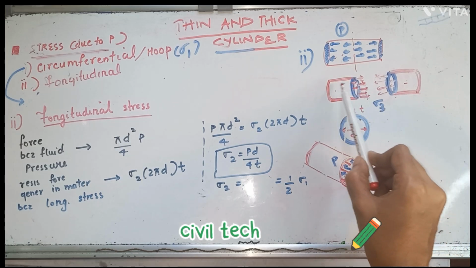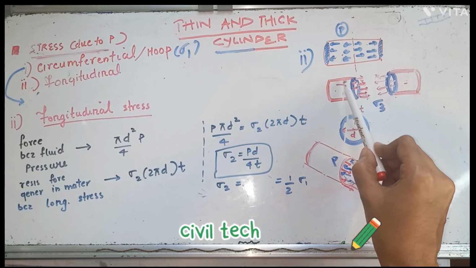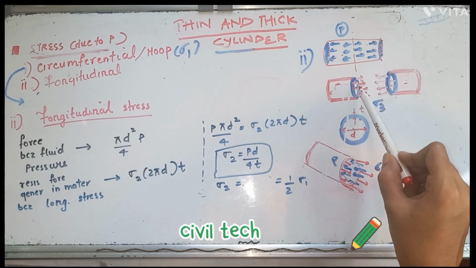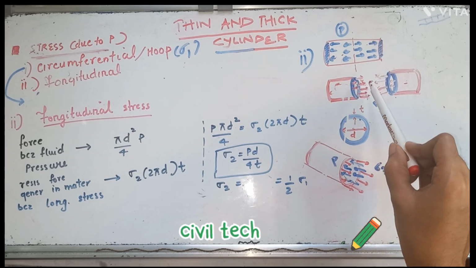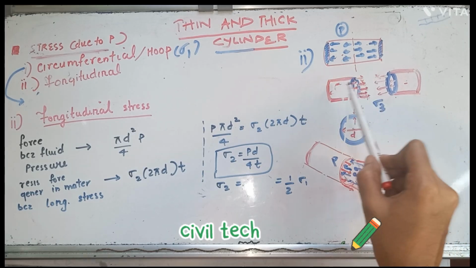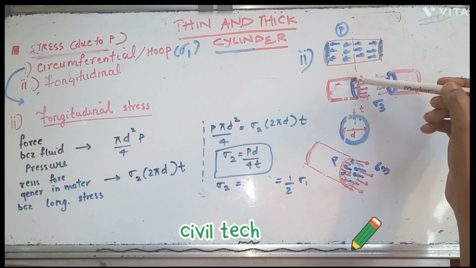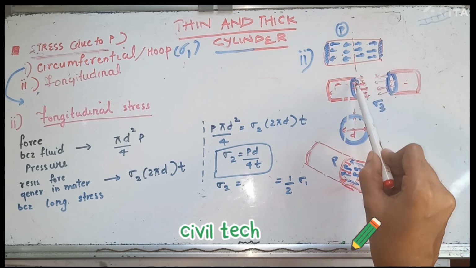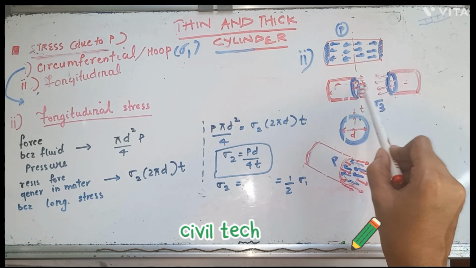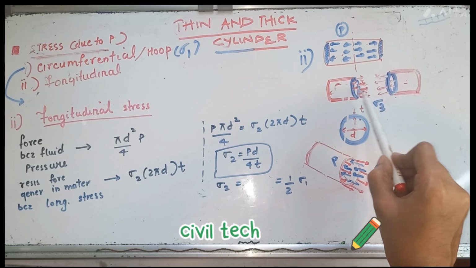As the fluid pressure is acting in this direction on this part, in order to resist this force, resistance will be generated in the material due to longitudinal stress, and it will be acting in the opposite direction of the fluid pressure because it is a resistant stress.